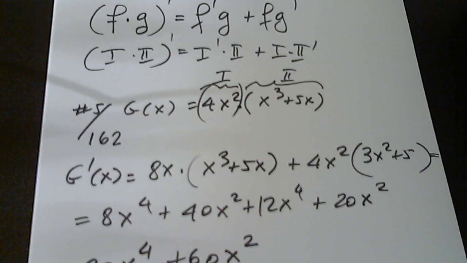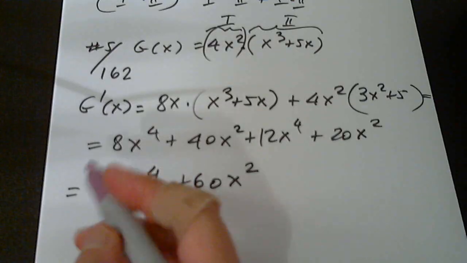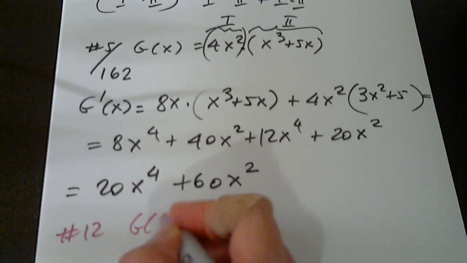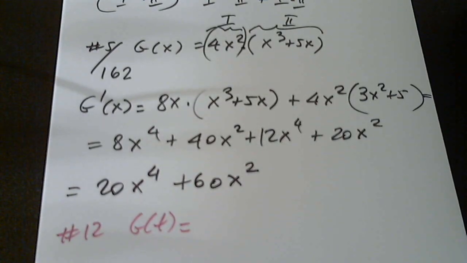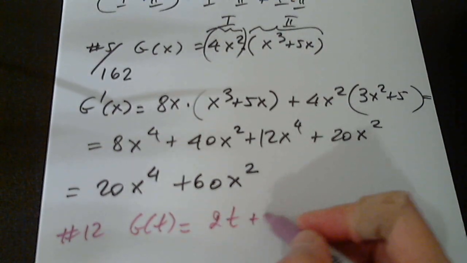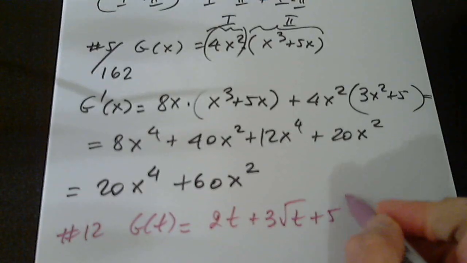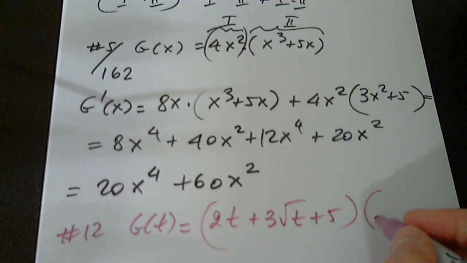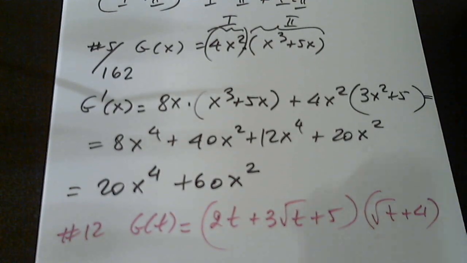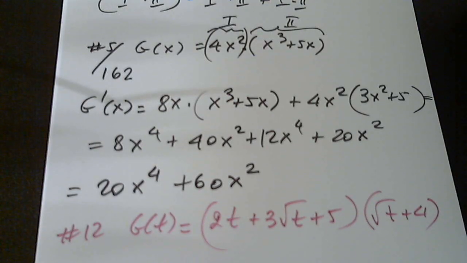Is that what you want? Okay, so for problem 12, this is g of t equals 2t plus 3 times the square root of t plus 5, multiplied by the square root of t plus 4. Yes, of course, I would not apply the product rule on this function.